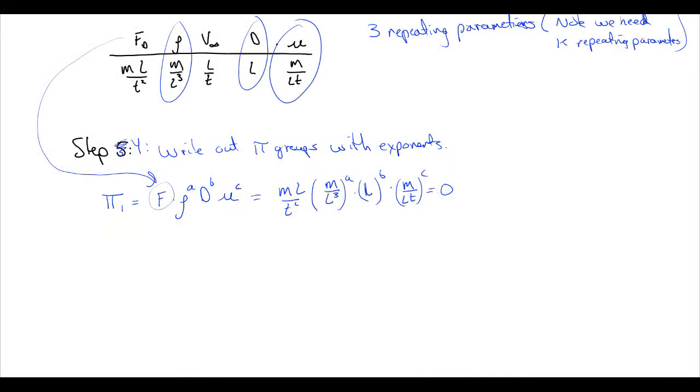Well, we know that at the end of this, the sum of all of the exponents on the masses, all of the exponents on the lengths, and all the exponents on the times have to equal 0. Because remember, exponents on top of a fraction are positive and exponents on the bottom are negative. So, for example, this is a T to the negative 2. Down here on the bottom, that's an L to the positive 1 and an M to the positive 1. So what we can do is set up a system of equations that correspond to each of our physical dimensions, where the only unknowns are A, B, and C, and we can solve for A, B, and C. So let's do it. Let's do mass first.